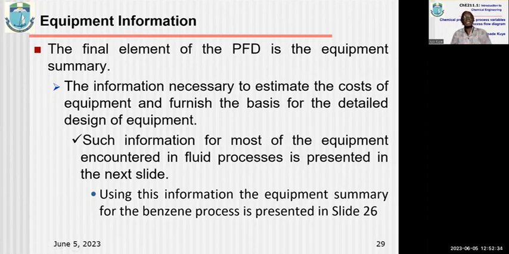So the final aspect of the PFD is the equipment summary. Just like we have for the stream summary, you also provide the necessary information on the equipment, which you can use to estimate its costs, and then use in forming the basis for the detailed design of the equipment.